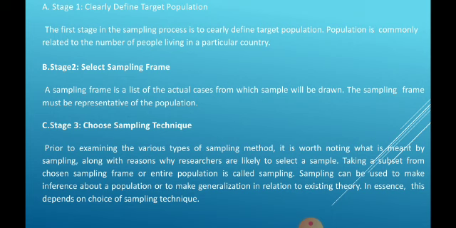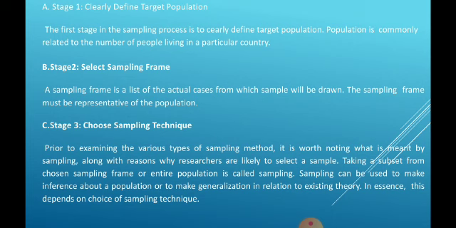Stage 2. Select sampling frame. A sampling frame is a list of the actual cases from which the sample will be drawn. The sampling frame must be representative of the population. Stage 3. Choose sampling technique.